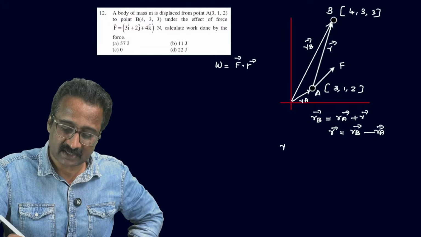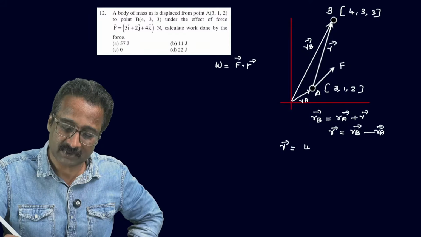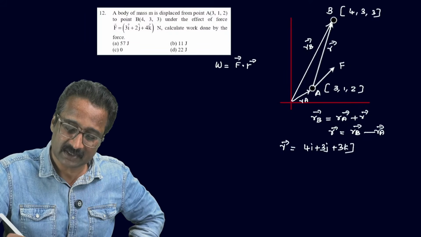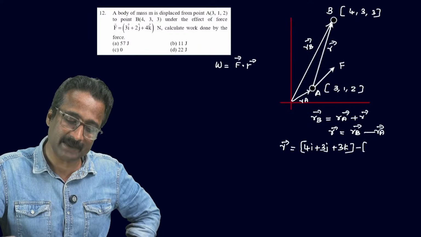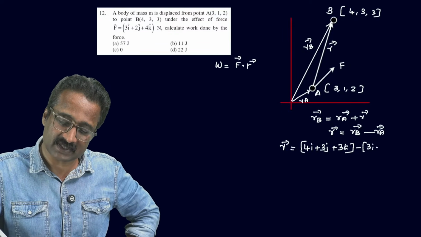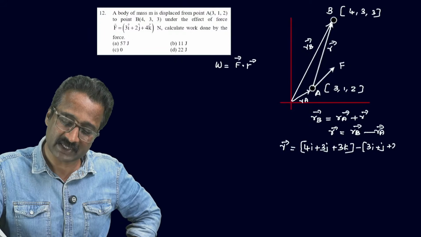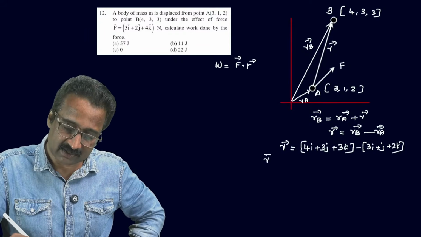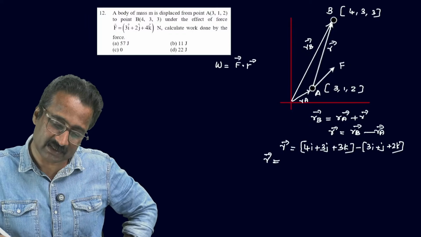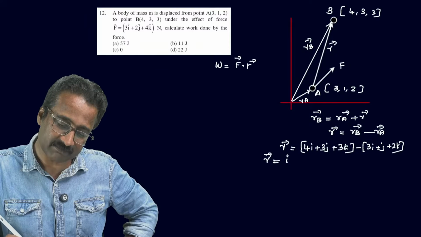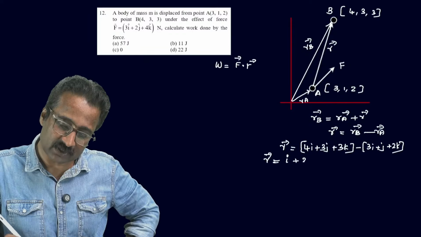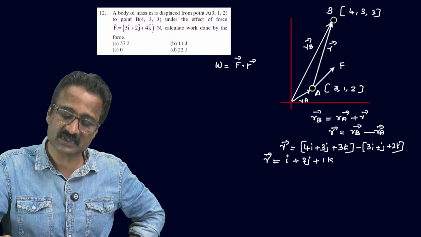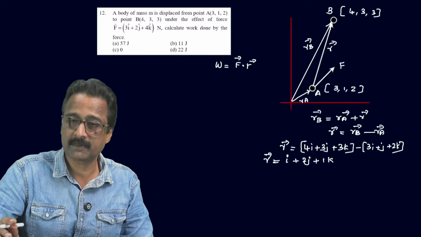R is equal to RB, which is 4I plus 3J plus 3K, minus RA, which is 3I plus 1J plus 2K. Now let me get R. 4I minus 3I is I, plus 3 minus 1 is 2J, then 3 minus 2 is 1K. So the displacement vector is I plus 2J plus 1K.